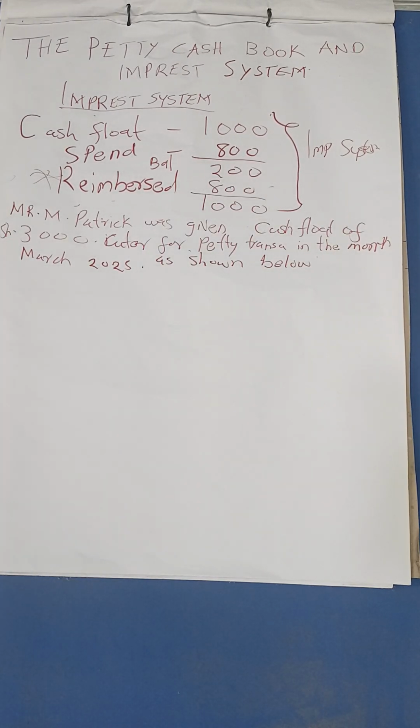Good. So I was given the cash float of 3,000 to cater for petty transactions in the month of March 2025, as shown below.